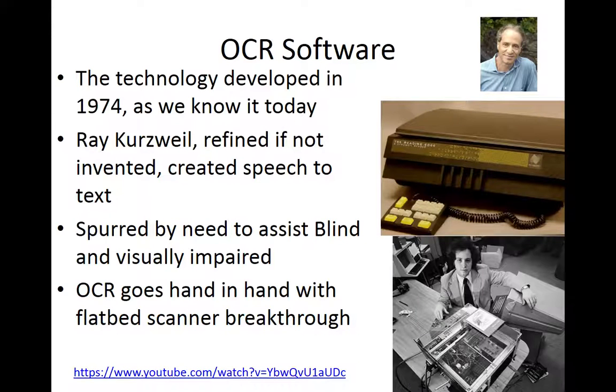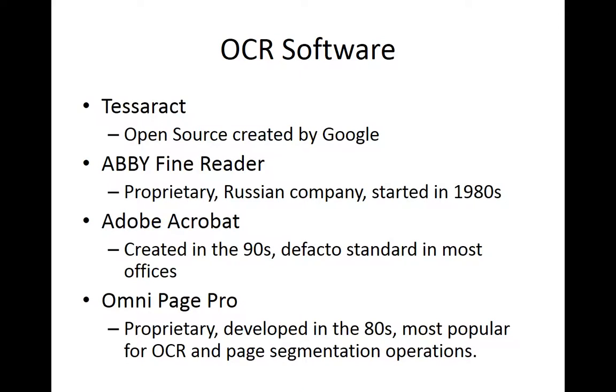Okay, so OCR software. I don't actually know the one that Ray Kurzweil used, but I'm assuming that some of the software used to create that ended up in one of these ones we have listed here. So Tesseract is the one I hope to have you all do an exercise in. I haven't created the exercise yet, but I'm hoping to have it out soon. Basically, Tesseract is relatively new.